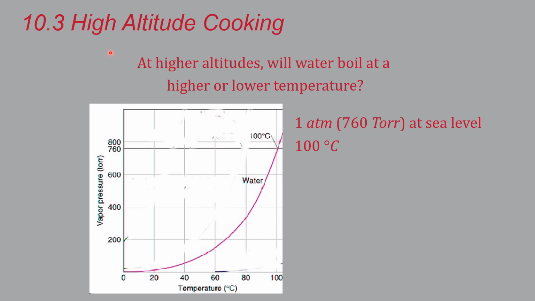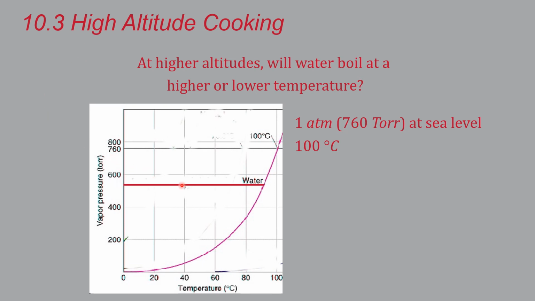Now, what if you are boiling something at the 10-3 restaurant, for example, back when we could do that, which happens to be at the top of Sandia Crest? The pressure there is roughly 70% of what it is at sea level. So that's about, in these units, about 532 torr.